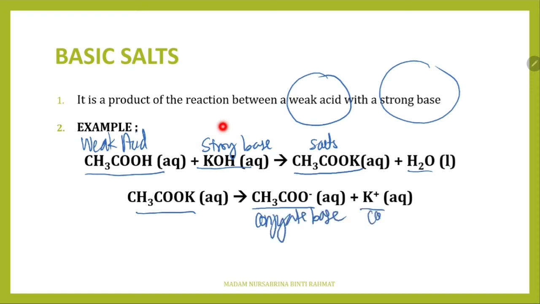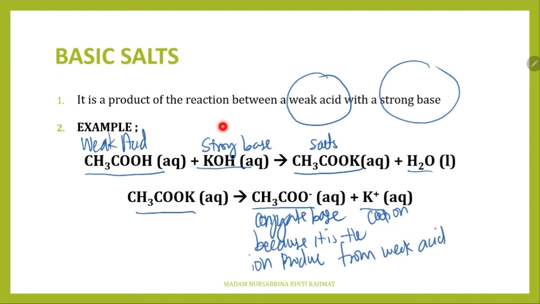Hydrolysis of your salt will release this conjugate base and this cation. Why do I call it a conjugate base? Because it's the ion produced from a weak acid. So any weak acid or weak base, according to Bronsted-Lowry, will produce a conjugate base or conjugate acid. So let's look at how we determine the pH of these salts.